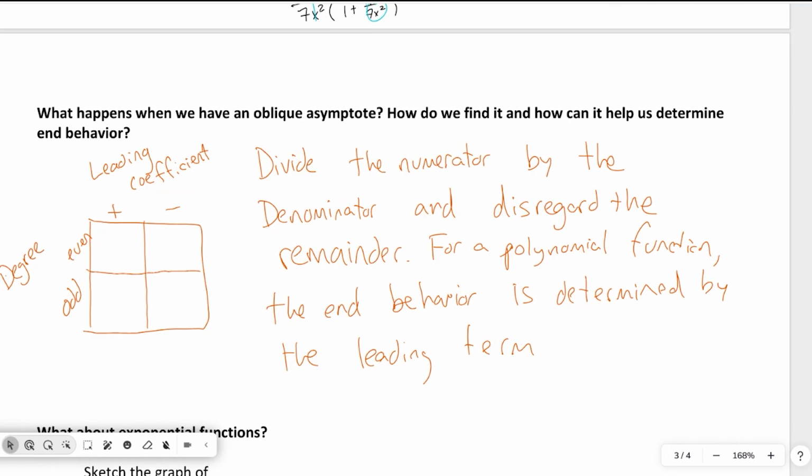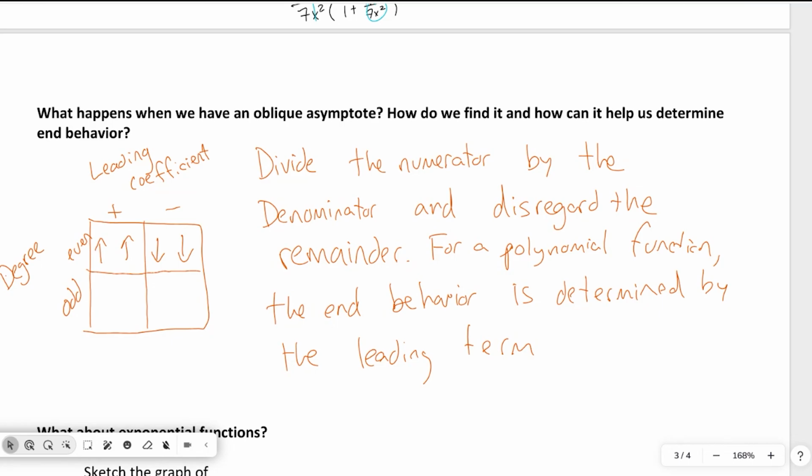To simplify that, I like to just use arrows: up to the left, up to the right. If that polynomial has a negative leading coefficient, like negative x squared, that just flips it, right? And so the end behavior is going to go down to negative infinity, both as x goes to positive and negative infinity.